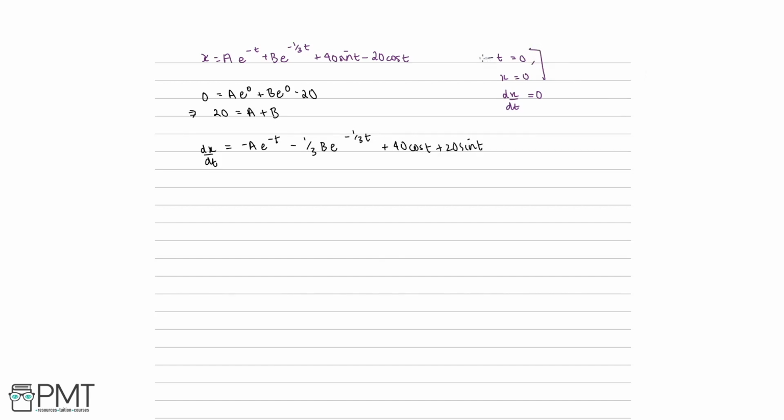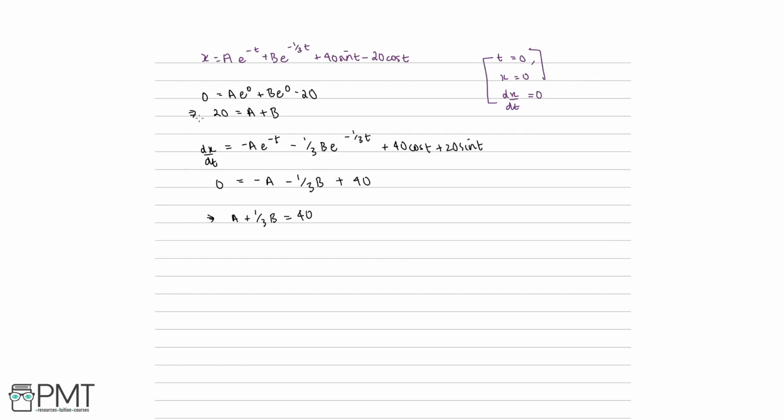And we can use these two initial conditions, that t is equal to 0, dx by dt is equal to 0, to substitute into the derivative of x, to give 0 is equal to minus a, because e to the power 0 will just be 1, minus a third b, plus, well, cos of 0 will be 1, so 40 multiplied by 1 is plus 40, plus 20 multiplied by sine of 0, which will be 0. This will give us the equation a plus a third b is equal to 40.